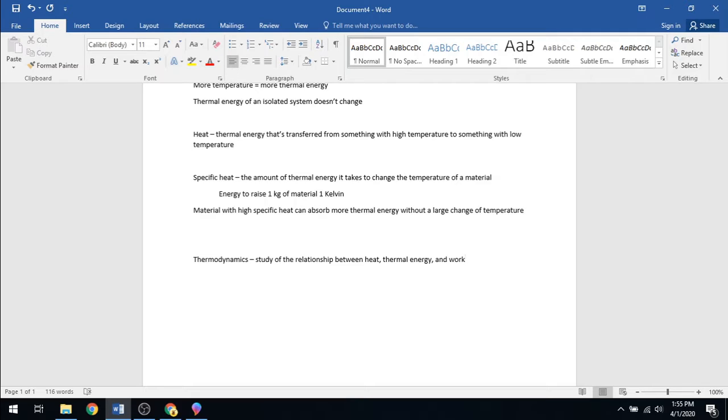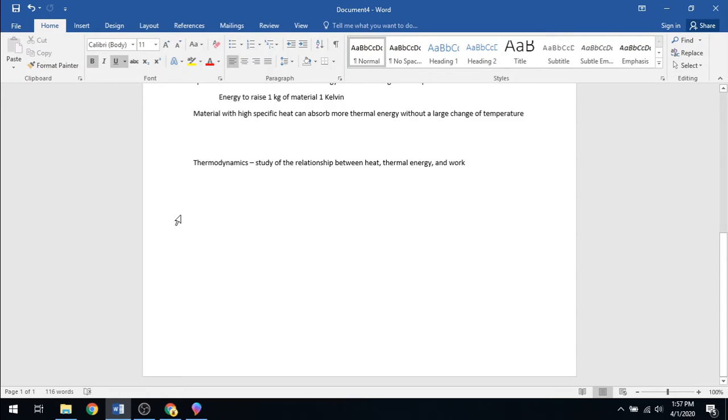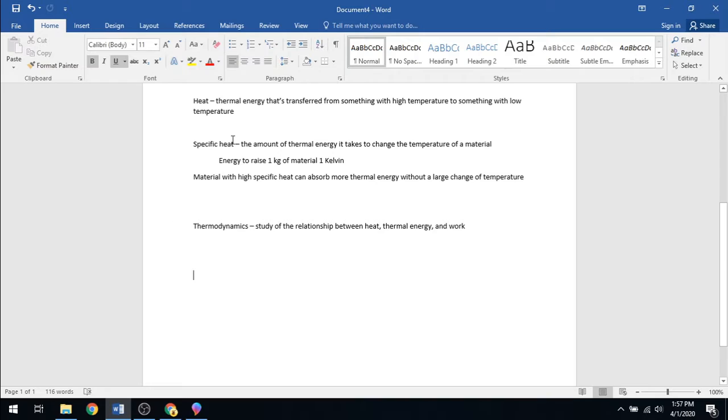Big fancy word, but it's just a study of heat, thermal energy, and how we can use that. So there's a couple different ways that thermal energy is transferred, a couple ways that heat occurs, so that we move heat around.